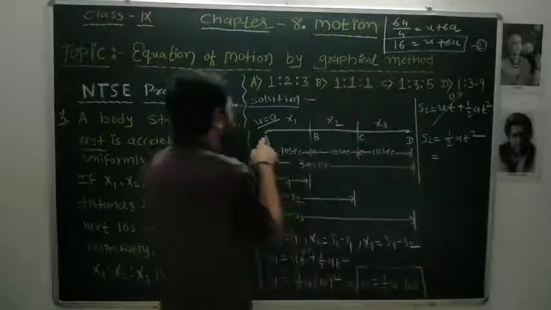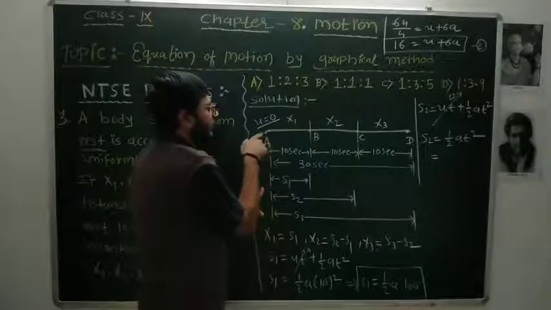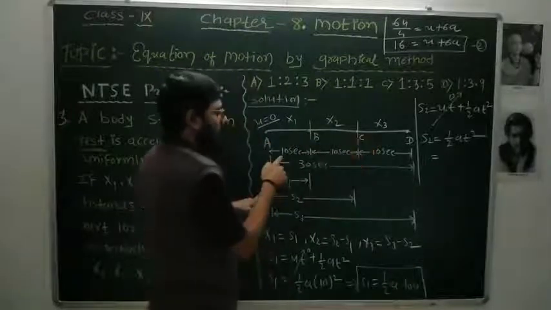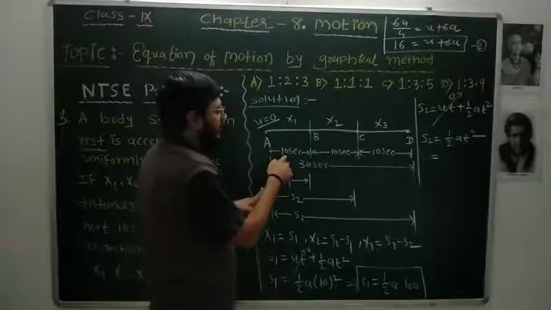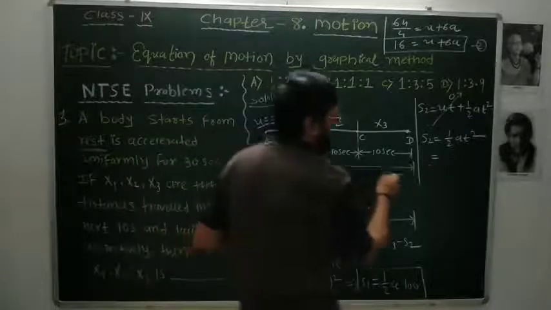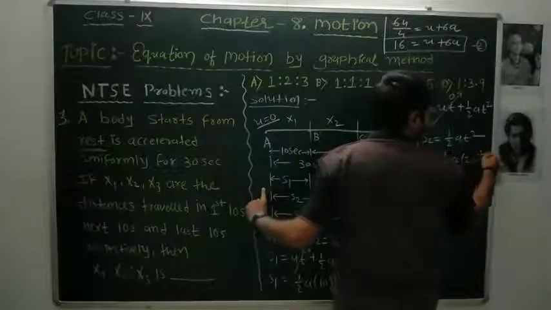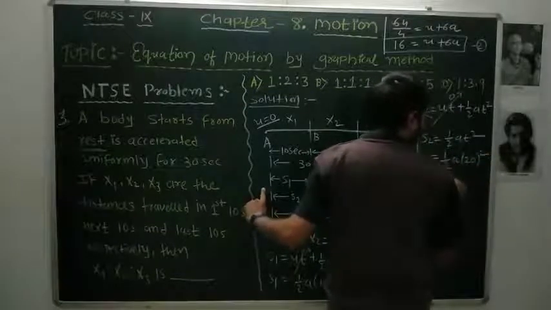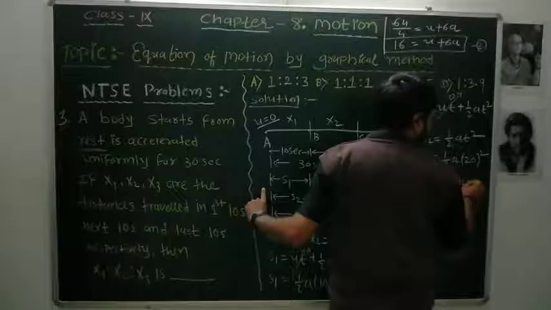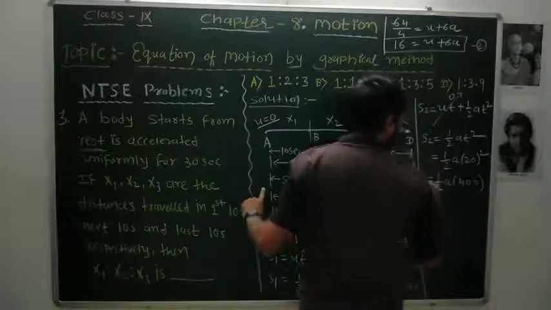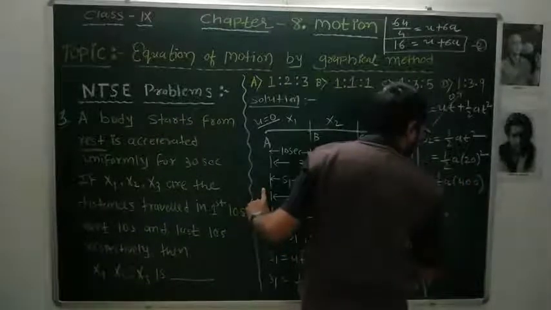The object travels from A to C, so the total time taken is 10 plus 10, that is 20 seconds. Putting 20 seconds, we get half A times 400.